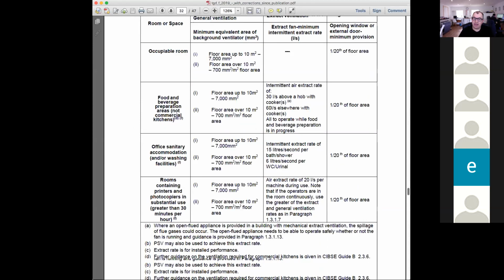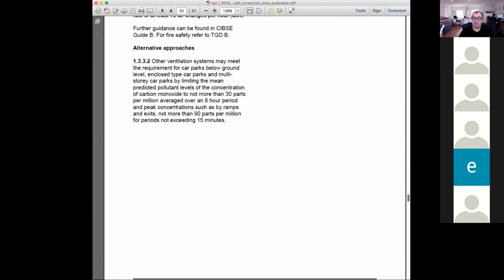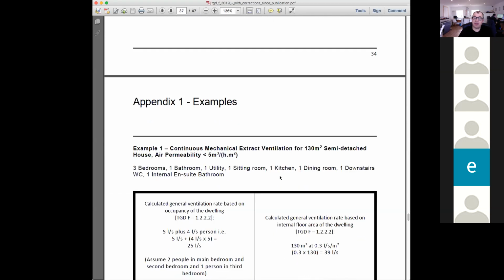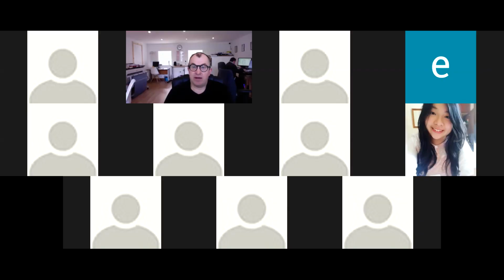And what's really neat is that Part F gives you some examples. So we're going to work through some examples for how much air is required for a room. So let me quit out of Part F. I'm going to stop sharing that again. And I'm going to share back the PowerPoint slides.